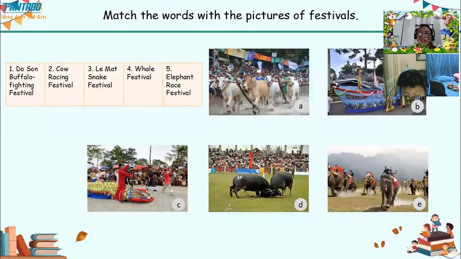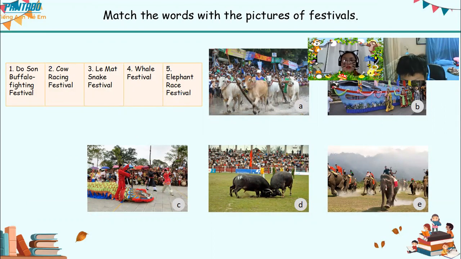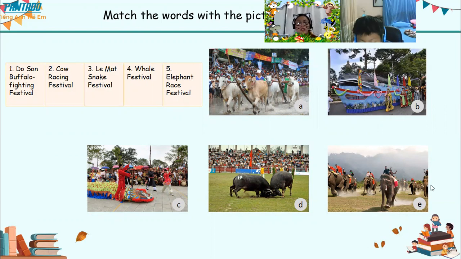Now, this is matching type. Match the words with the pictures of festivals. One, buffalo fighting with bee.